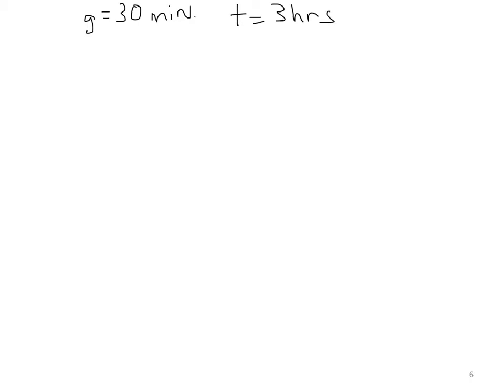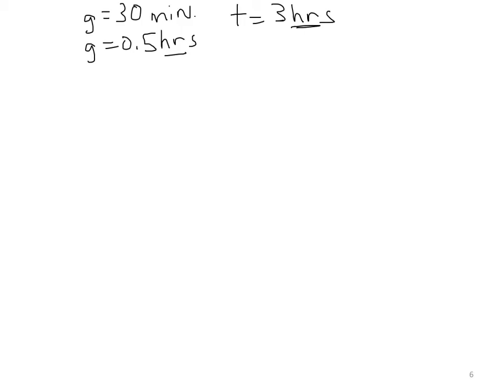Generally, when we're doing math, we want similar measurements of the same property to be in the same unit. So you should begin by converting one or the other of these times into different units so that they're the same. Let's convert the generation time to hours. So G will be 0.5 hours. Okay, now these are in the same units. So now you know that G is 0.5 hours and T is 3 hours.